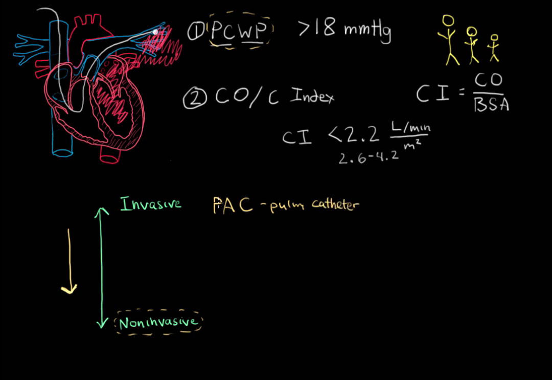Next, you can use another catheter that's a little less invasive, known as an arterial line. An arterial line is a catheter that targets the artery in a patient's arm. And this catheter can assess the cardiac output by looking at the pressure waveform of the blood pressure. So by assessing the blood pressure, cardiac output can be calculated in a patient with shock.